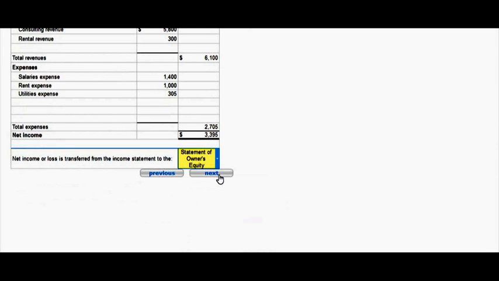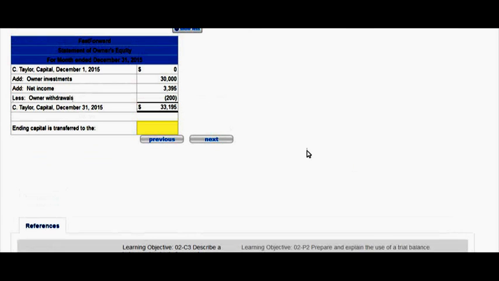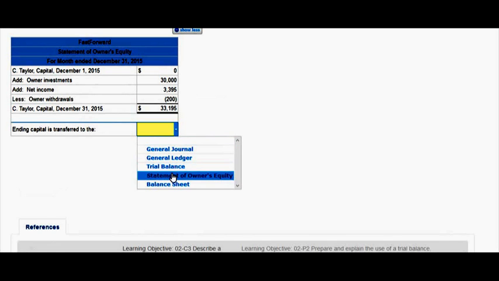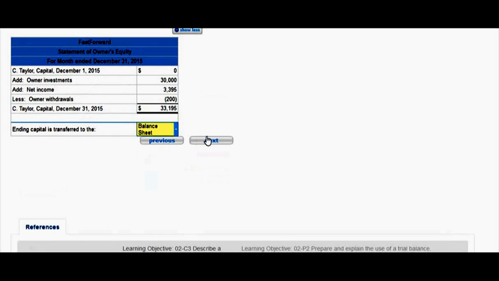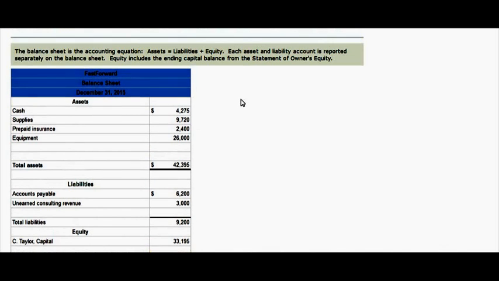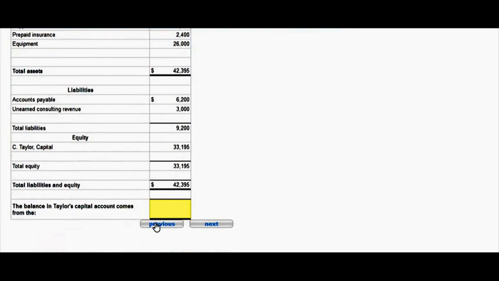Statement of owner's equity. Next. Ending capital is transferred to the balance sheet. And here we will see the balance sheet and see, does it balance? Balance in the capital account comes from statement of owner's equity.